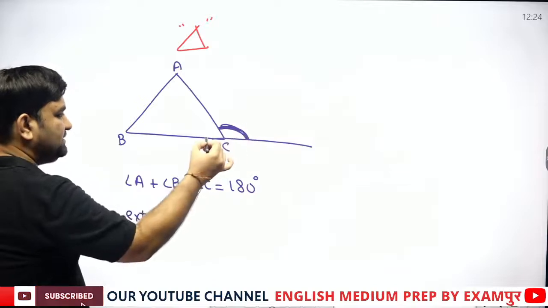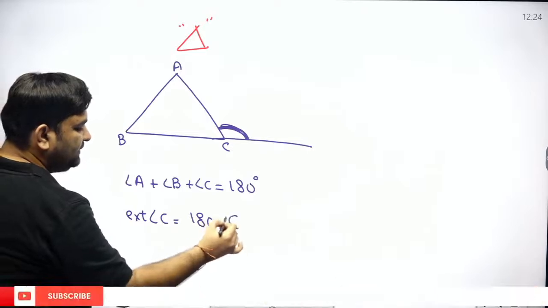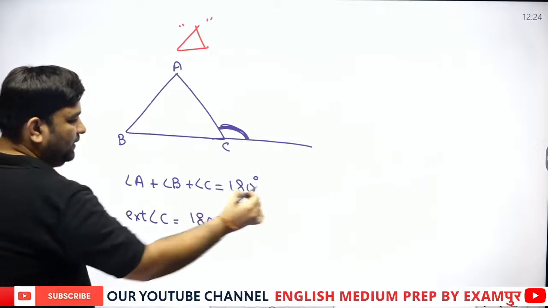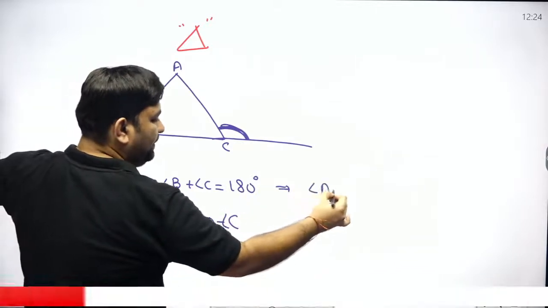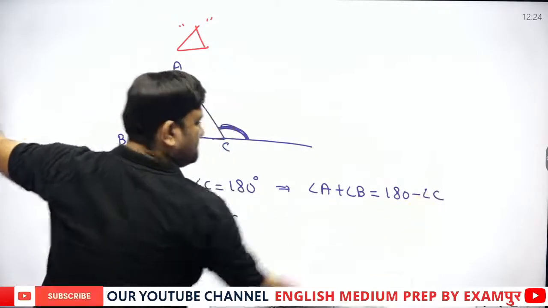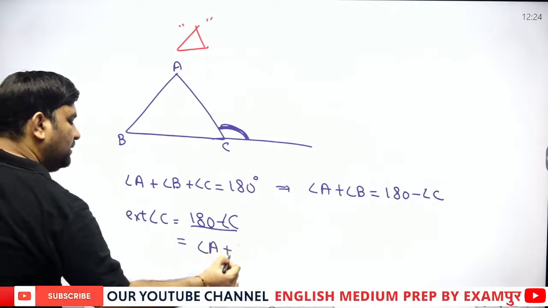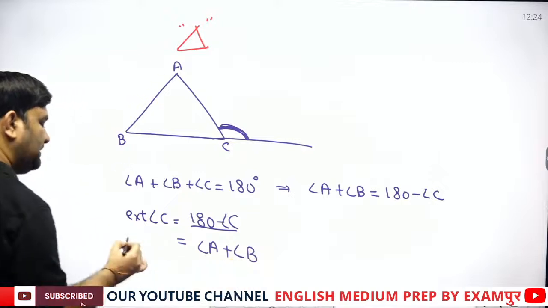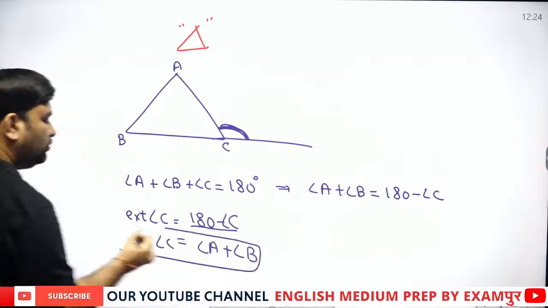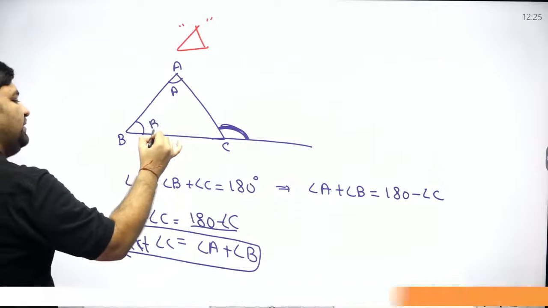If this is the exterior angle, this interior one is 180 minus angle C. And from this equation, angle A plus angle B is equal to 180 minus C. So exterior angle C is equal to the sum of two opposite interior angles.